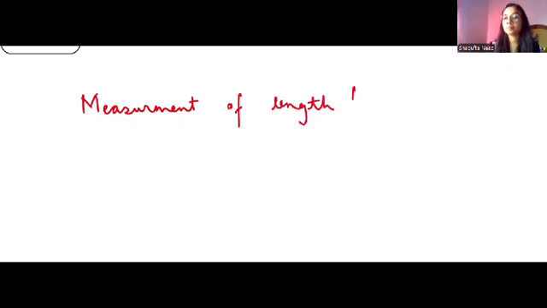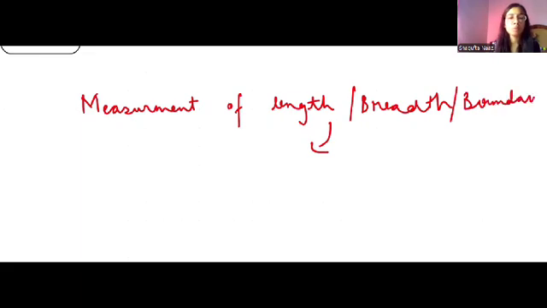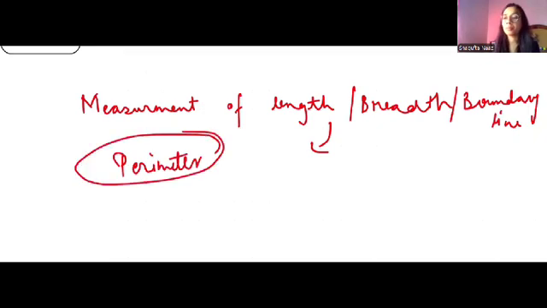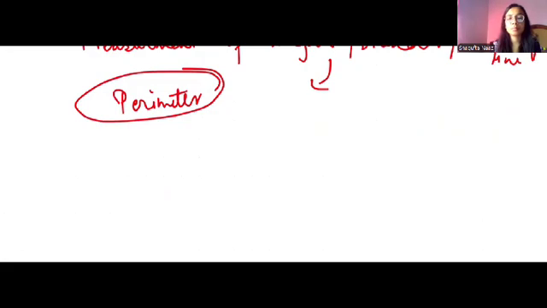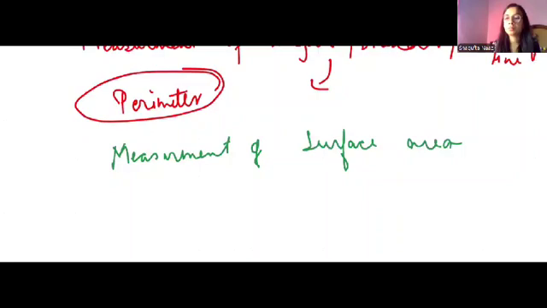For the measurement of length and breadth, for perimeter, or the boundary line. And for area, it will be the measurement of the surface area covered by any particular object.